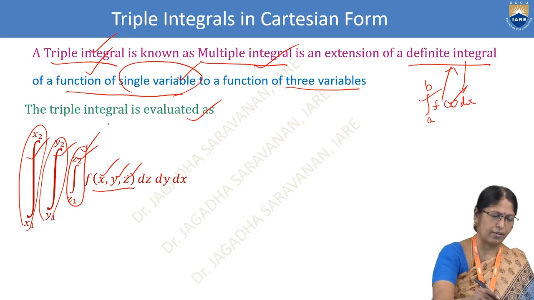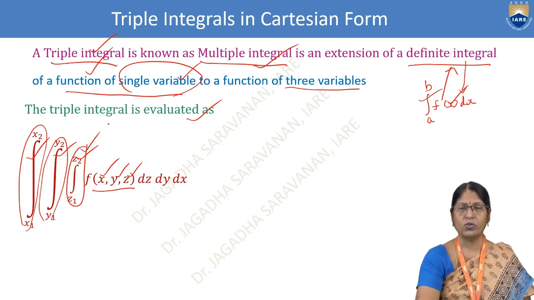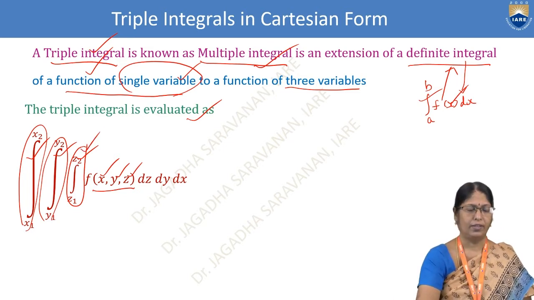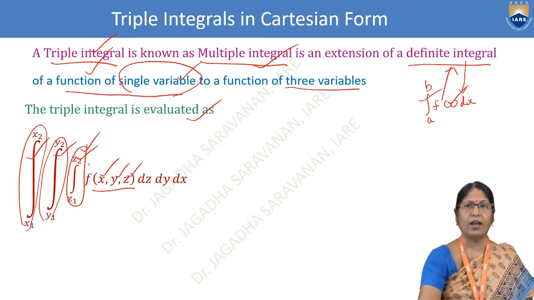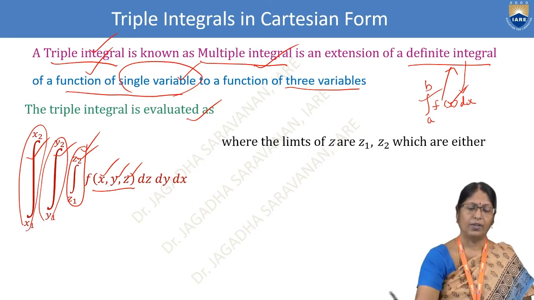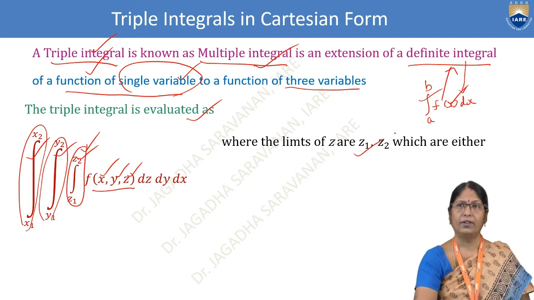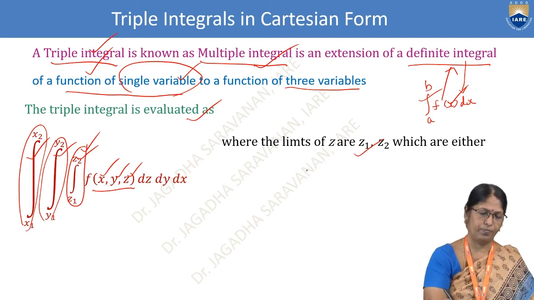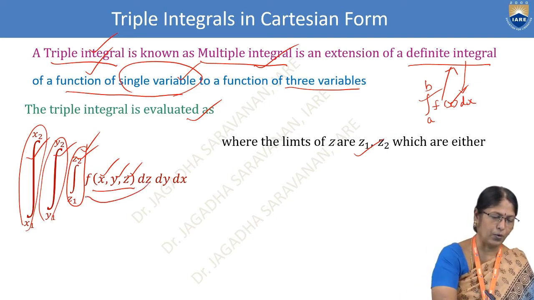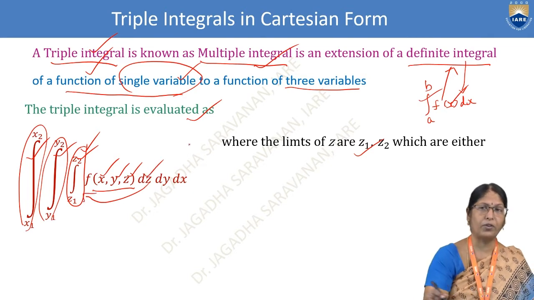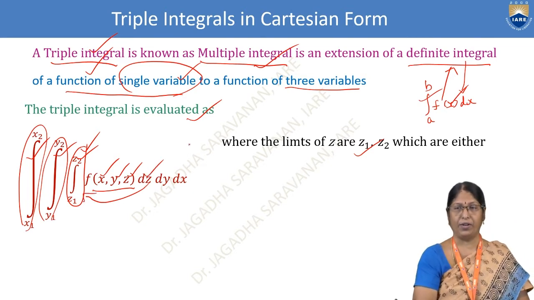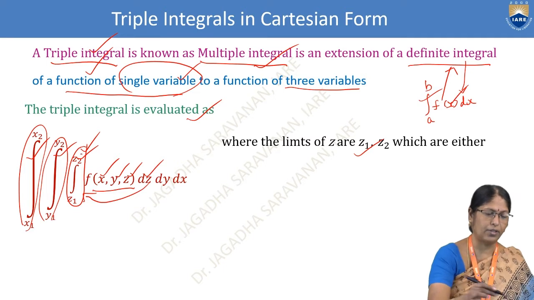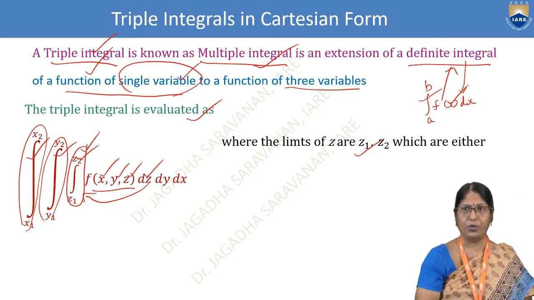So the innermost integration, the limits are z1 and z2. That's what is written here. The innermost, we are going to do with respect to z first, because the limits are defined for z from z1 to z2.